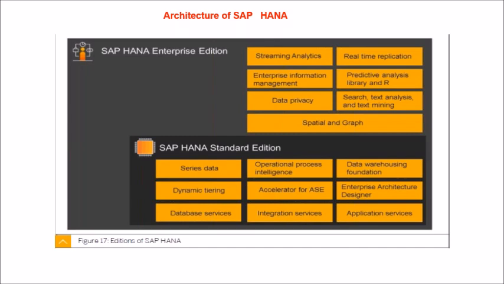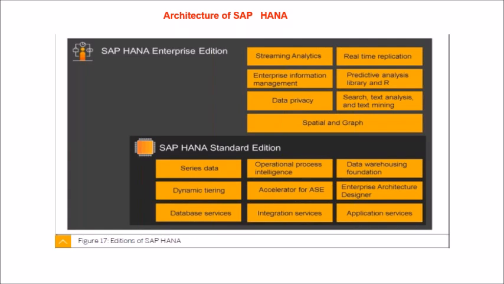But one more point I want to mention here: SAP also has something called SAP HANA runtime licenses. You can check with SAP on this in case the customer is interested. Runtime licenses are provided free of cost, but you can use them only in specific scenarios. Suppose you're interested in running an application on top of HANA, then you can opt for the runtime license.